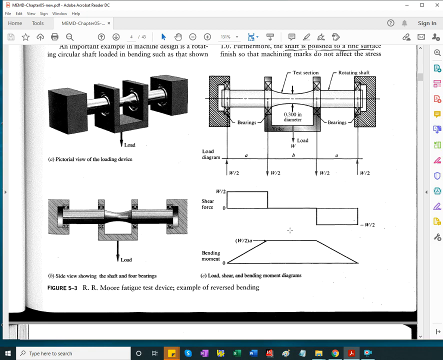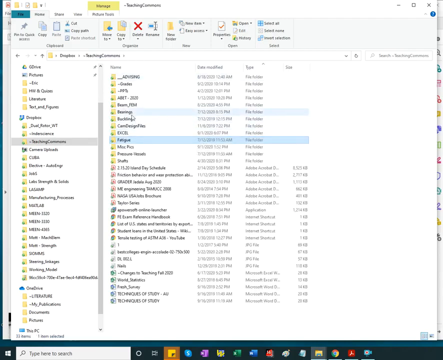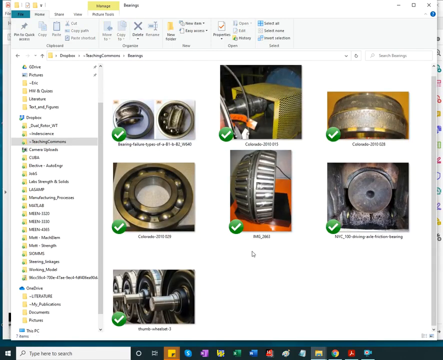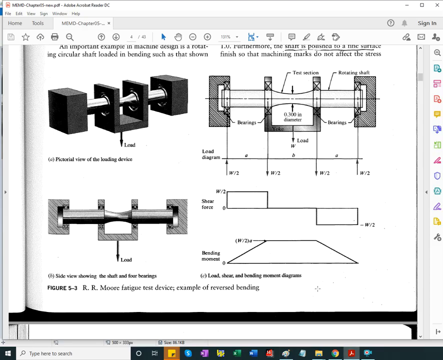Same as with the rail wheels, because the supports, rather the bearings, this is only one side, but you can imagine one bearing here and the other bearing the opposite way. The wheel taking the reaction from the track would correspond to where the yoke is.